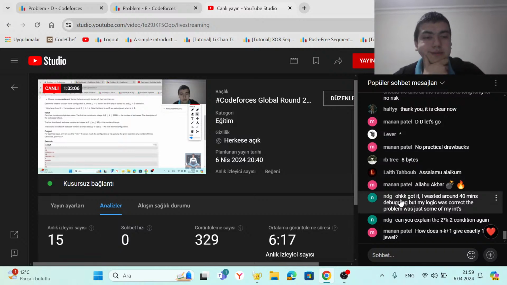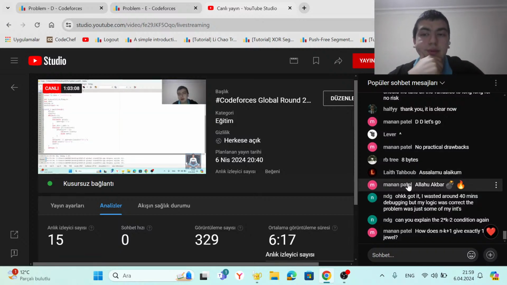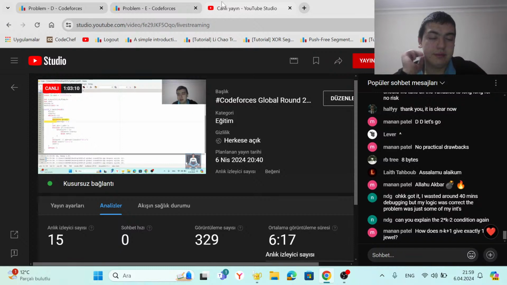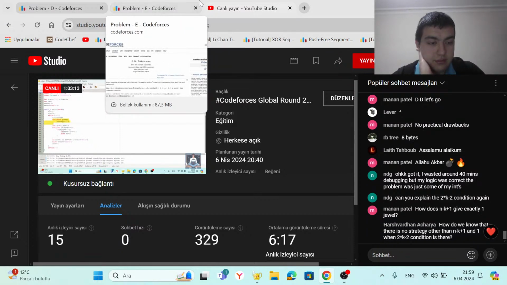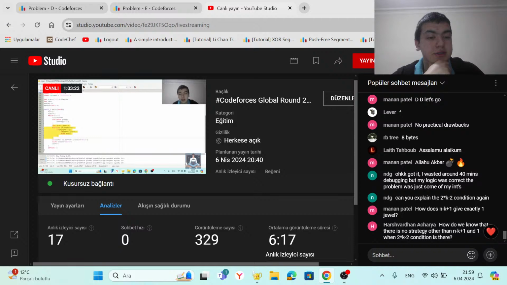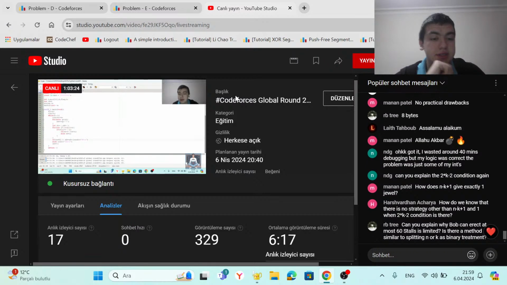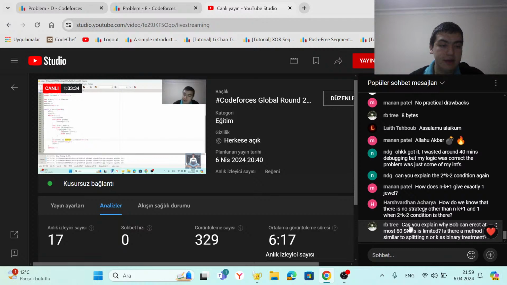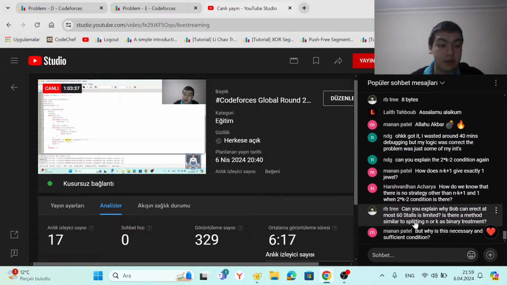Any questions? How do we know that there is no strategy other than n minus k minus 1? Can you explain why Bob can erase at most? I don't know why there's a 60 stalls limit.